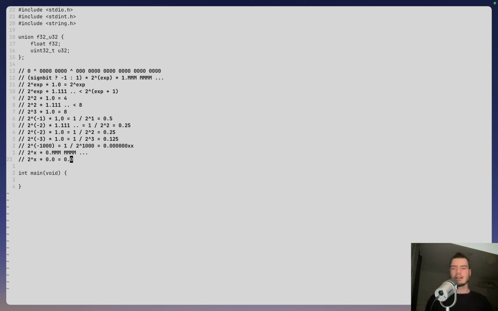So how is our exponent actually represented? Now, if you've worked with numbers before, I guess you will have heard of the concept of 2's complement.